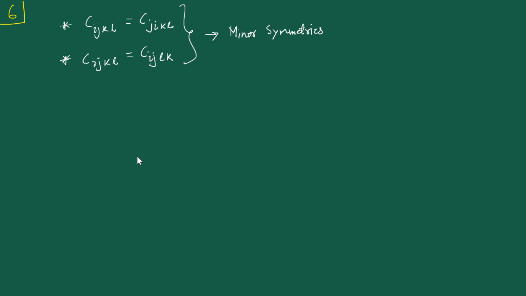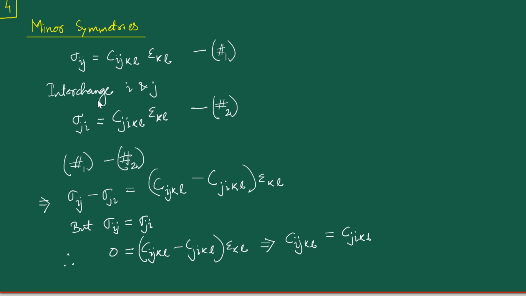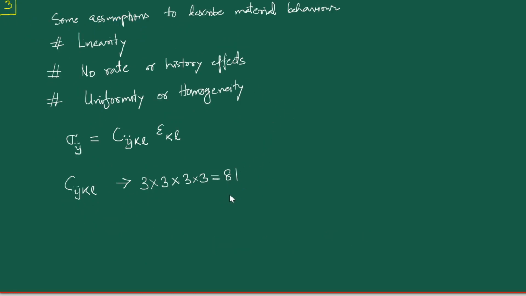Now the benefit of these minor symmetries is that the relation sigma ij equal to Cij Kl epsilon Kl, which is apparently captured by what were originally these 81 constants, has actually been significantly reduced.